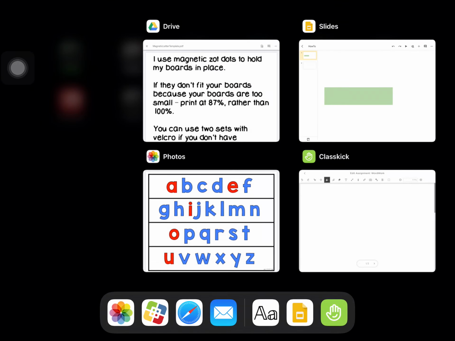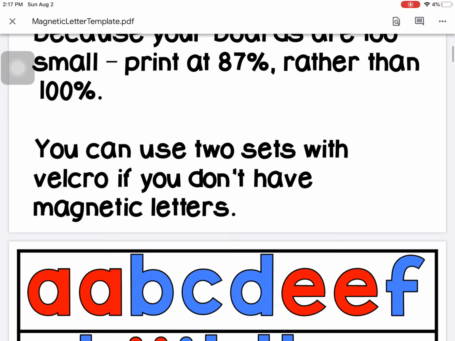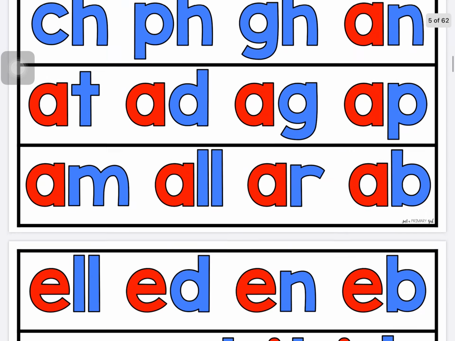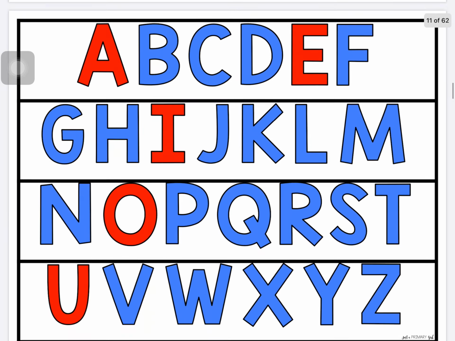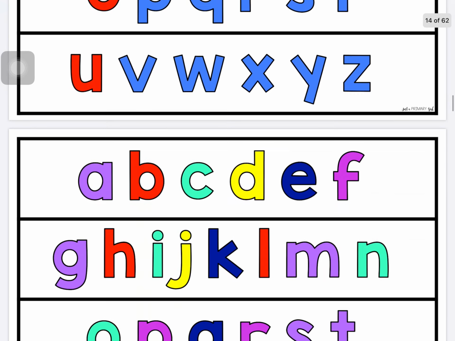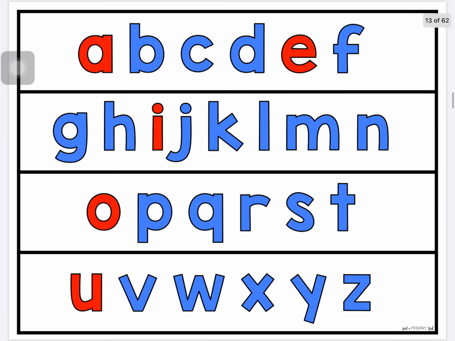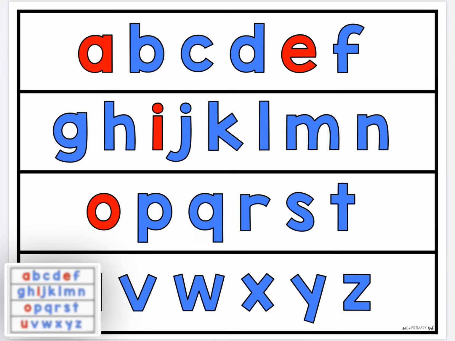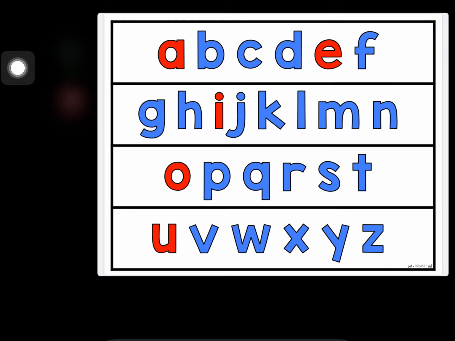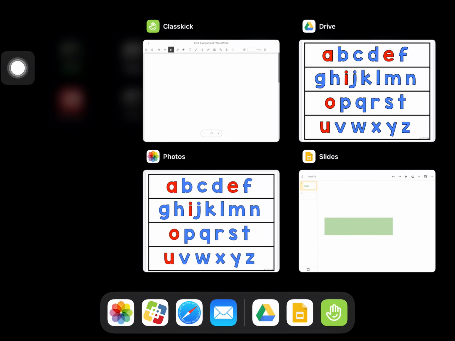So after you purchase it, you have access to the magnetic letter template boards, and it's all of these magnetic letters that she has made. I found the one that I wanted. I took a screenshot of it, and I left it like that. Okay, so we're going to need those letters later on here in the tutorial.